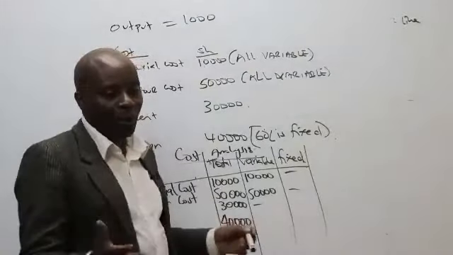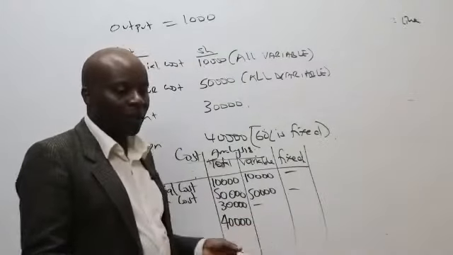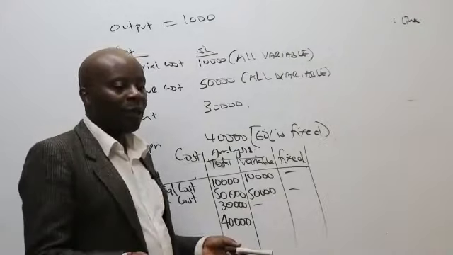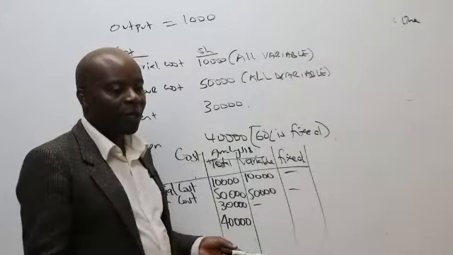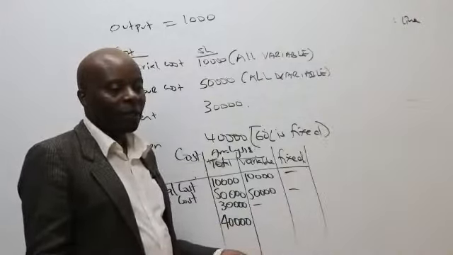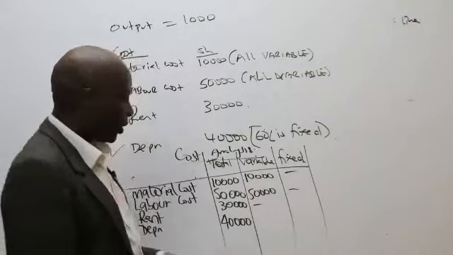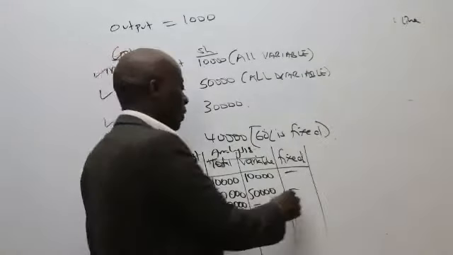For example, in this particular classroom, even if I get 1 student, 2 students, or 100 students, the Zoom cost, which is the rent they charge us for using their platform per month, is constant. So rent, 30,000, is fixed.